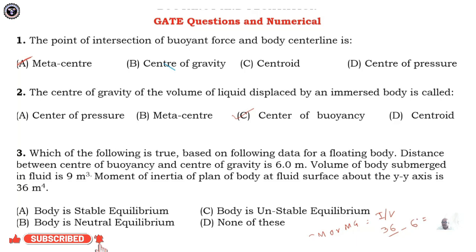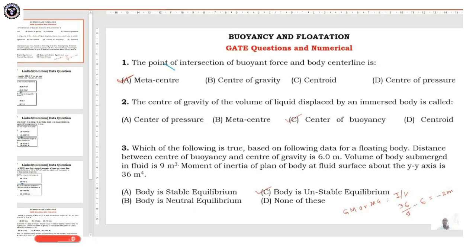So 36 upon 9 minus 6 is equal to minus 2 meter. Hence the sign is negative, so the body is in unstable equilibrium. Option C is the correct option.